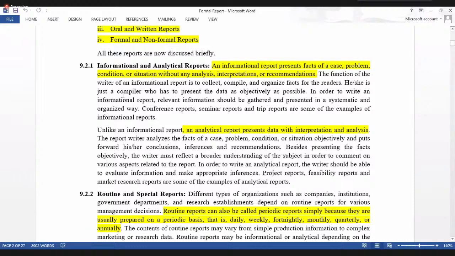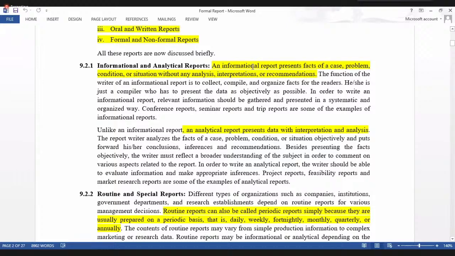So what you find here, there are different types of reports. We are not going to talk about all other types. We are just talking about informational and analytical reports. I mean, how informational reports differ from analytical reports. So these two paragraphs will help you a lot. See, what is given here?